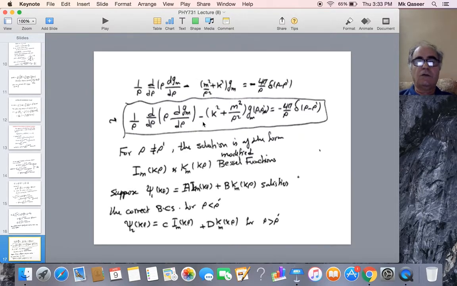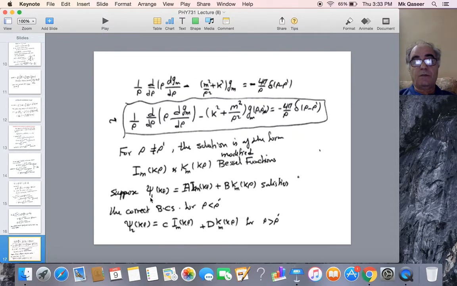This has solution for rho not equal to rho prime. It's a linear combination of I_m(k rho) and K_m(k rho), the modified Bessel functions, which are the Bessel functions of imaginary arguments. Now a linear combination is also a solution.